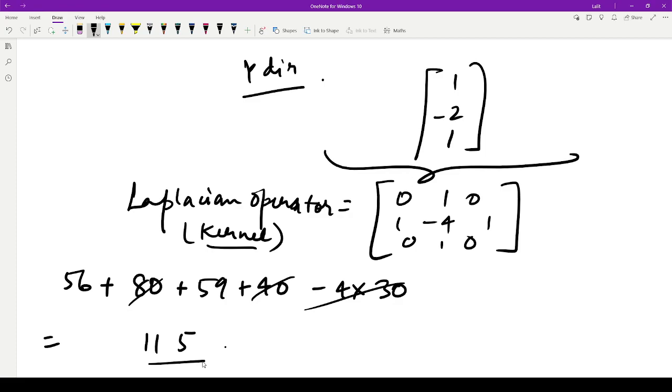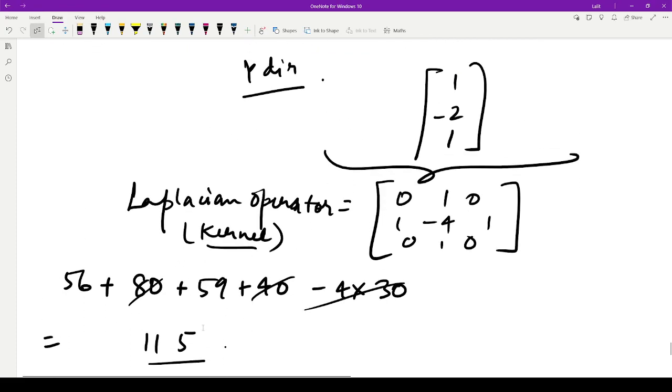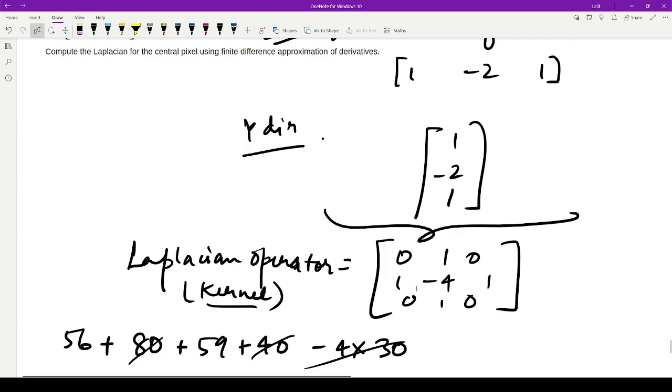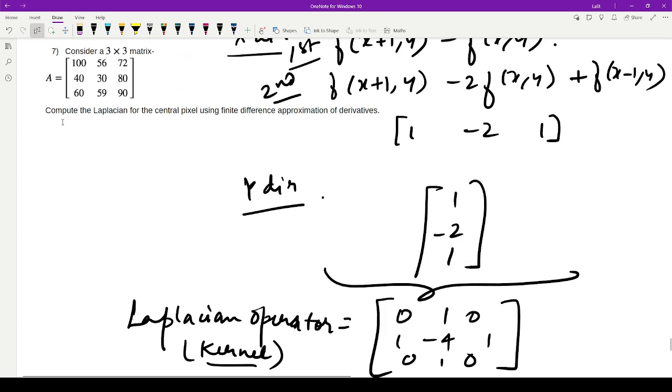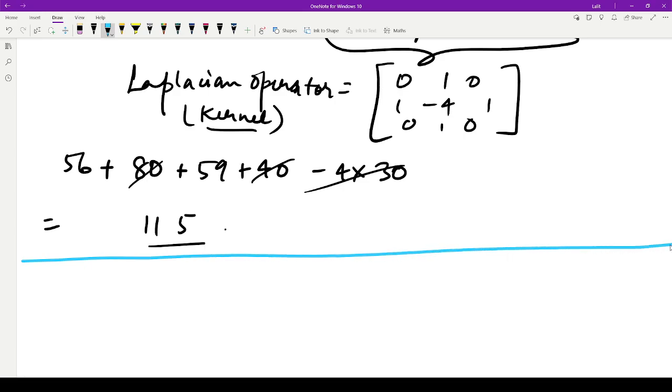So this turns out to be 115. So when you apply this Laplacian operator onto this 3 cross 3 matrix, what you get is this response from the Laplace operator. Any doubts in that?